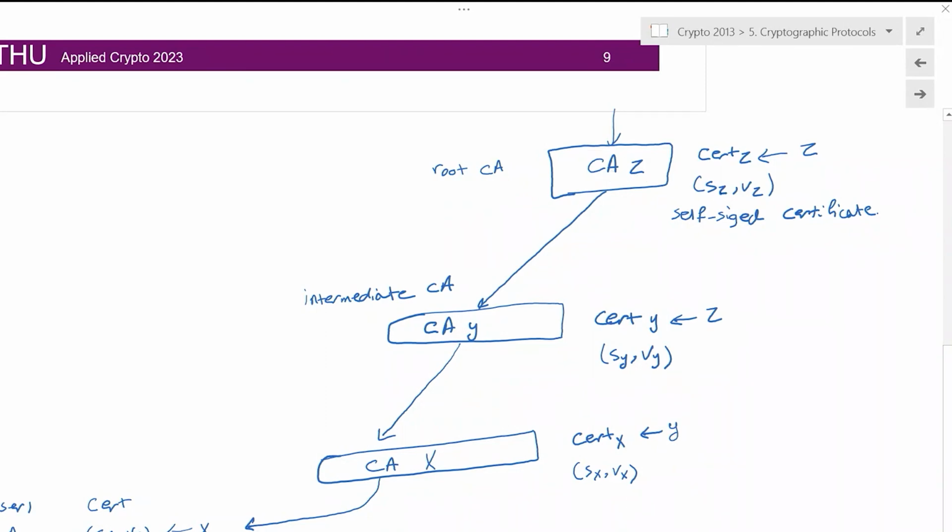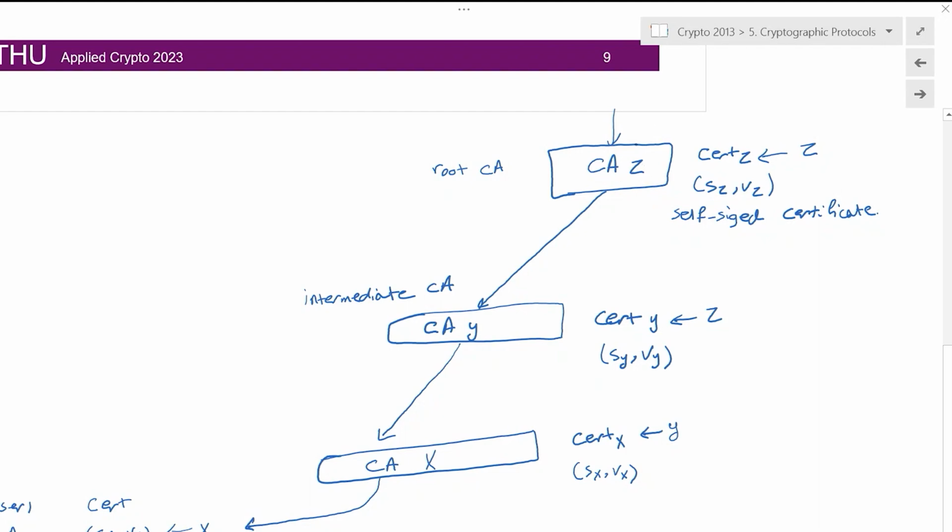They use their own secret key to sign their own certificate. So they are very special ones. When it does so, there's no way that you can verify it, and that's why we call them root certificates. They are installed on your operating system by default, and then your operating system trusts these certificates.